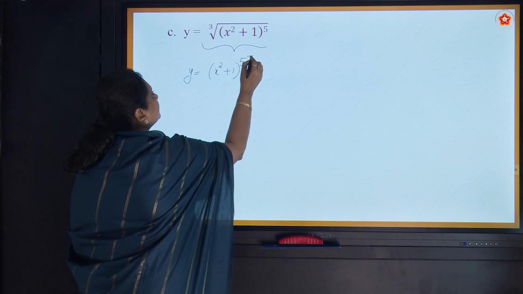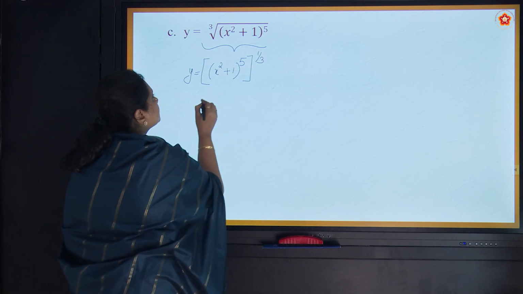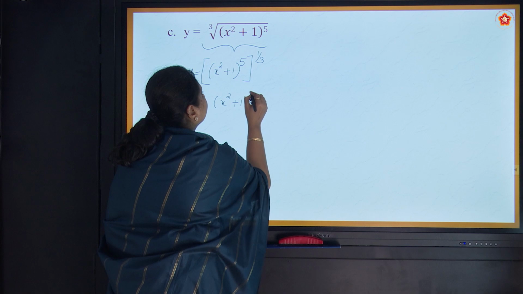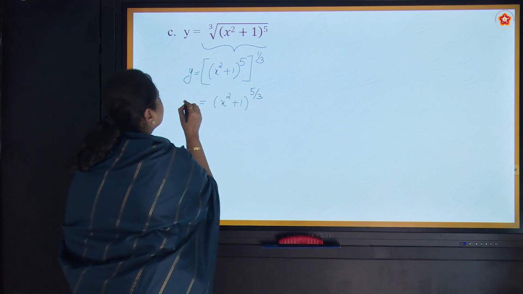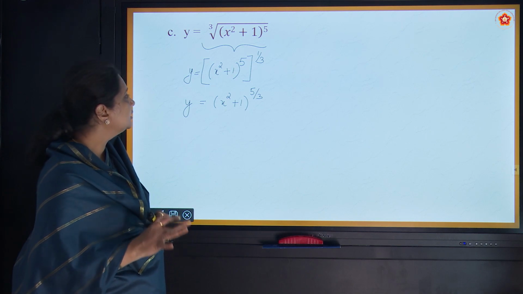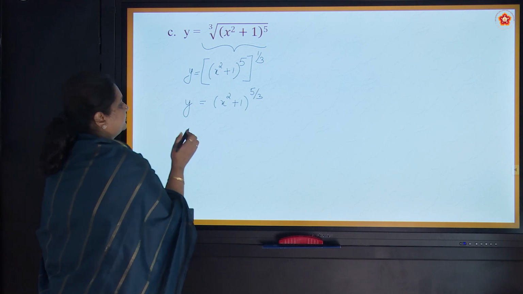So (x squared plus 1) the whole raised to the power 5, the whole raised to the power 1 by 3. So this can again be reduced to the form 5 by 3. So now it's easy for me to differentiate. Till now I've just rewritten the function, nothing else I've done. Now I'm going to start my differentiation.